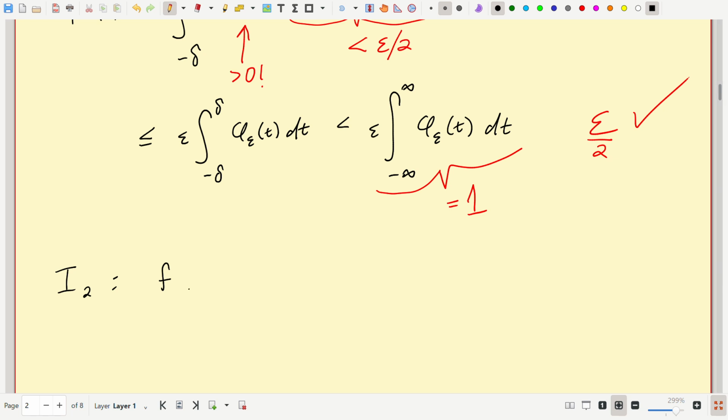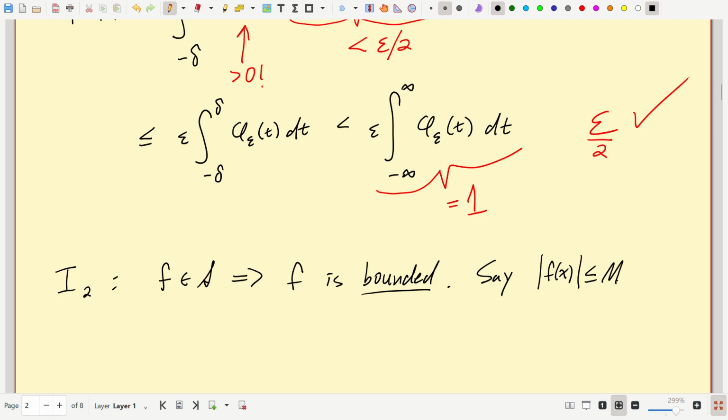F, that's part of the Schwartz function thing, that f is bounded. f an element of S implies f is bounded on the whole real line. Let's say that the absolute value of f of x is less than or equal to M for all x.